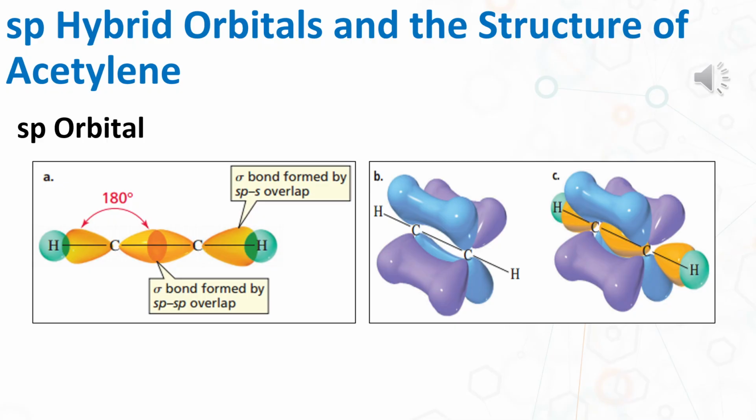This image illustrates the sp hybridization and the structure of acetylene. The diagrams explain how one sigma bond and two pi bonds form the carbon-to-carbon triple bond in acetylene, resulting in a linear and rigid molecule.